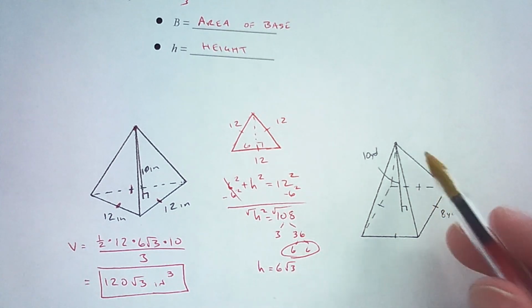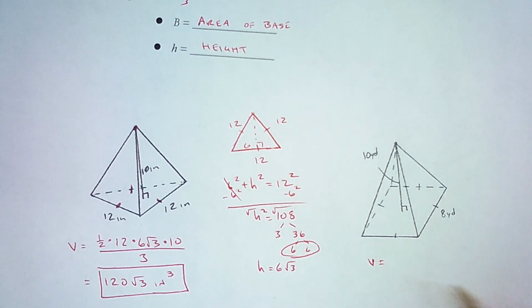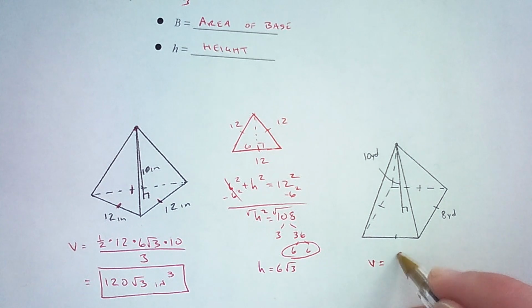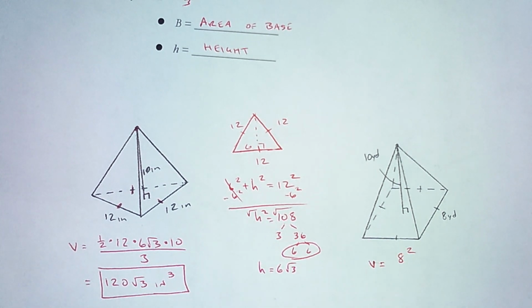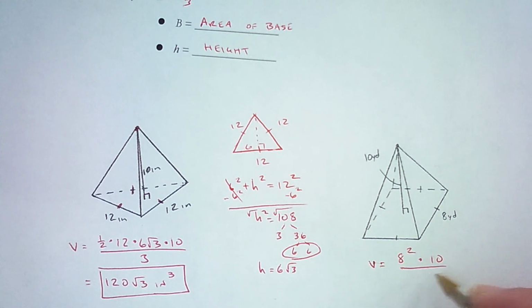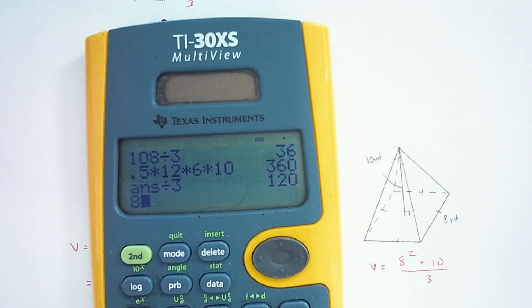Okay, our next pyramid has a square base. So the volume is the area of the square, which is side squared. So 8 squared is the area of the base, times the height, which is 10, divided by 3. So we have 8 squared times 10, and that's 640 over 3.